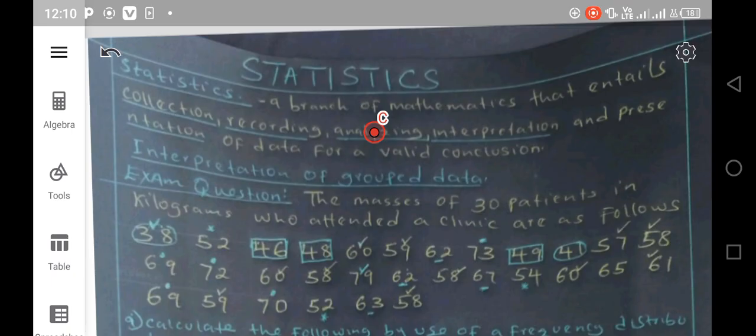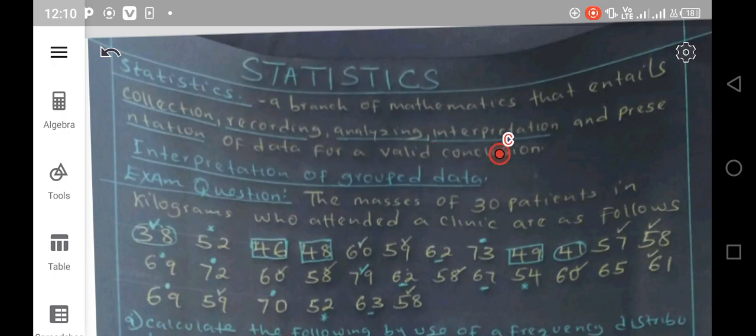We can have also something we call interpretation. Interpretation is a process of giving the results to analyzing and a presentation of data for a valid conclusion.